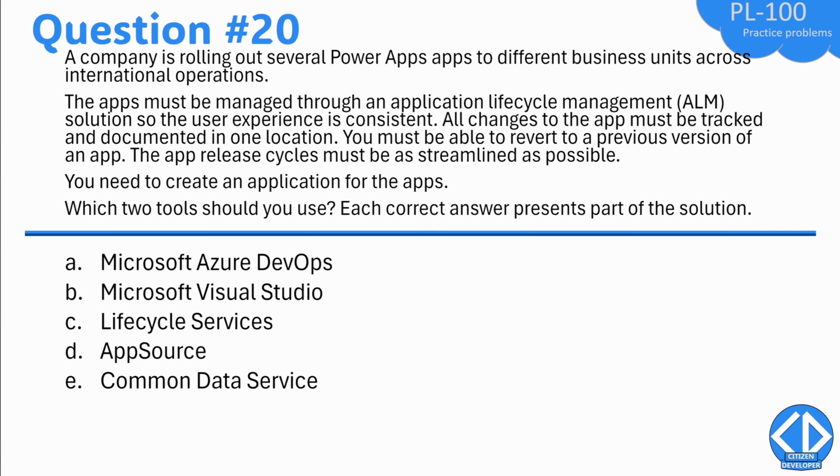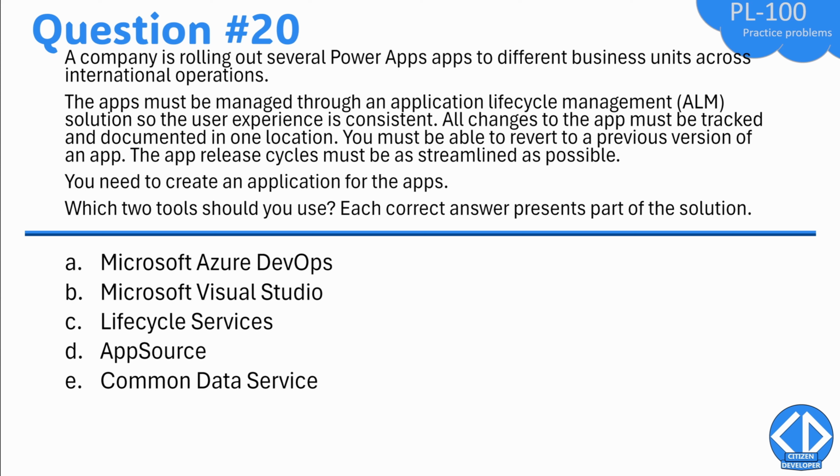Question 20 here. A company is rolling out several Power apps to different business units across international operations. The apps must be managed through an application lifecycle management, or ALM, solution so that the user experience is consistent. All changes to the app must be tracked and documented in one location. Okay. You need to create an application for the apps.